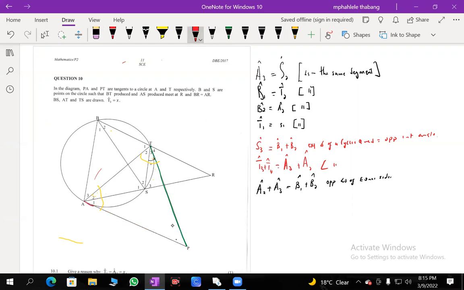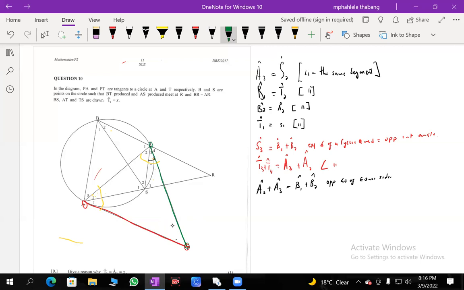The line AP, why is it equal to the line from T to P? This is one of my favorite theorems. I don't know why I love this one.